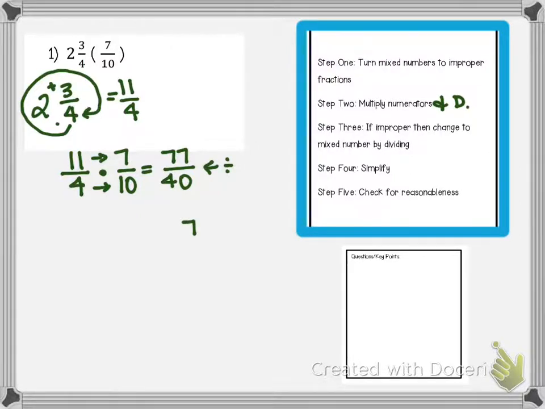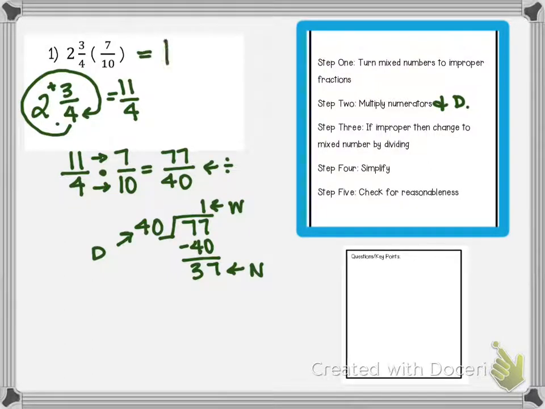So 77 divided by 40. 40 divides into 77 one time, minus 40. Bring our 7 down, and that's 37. So this is our numerator, this is our denominator, and this is our whole number. So our final answer is 1 and 37 over 40.